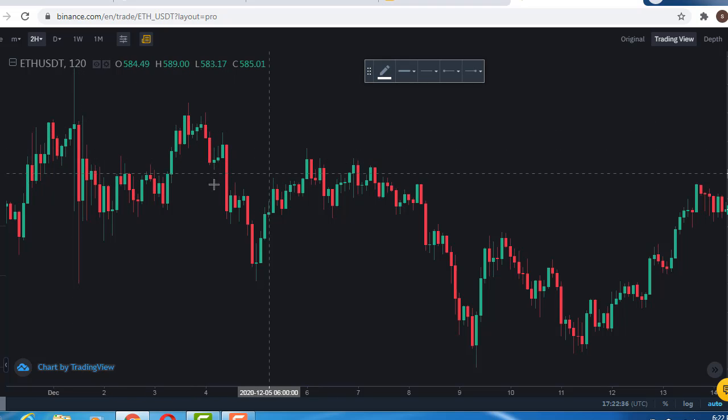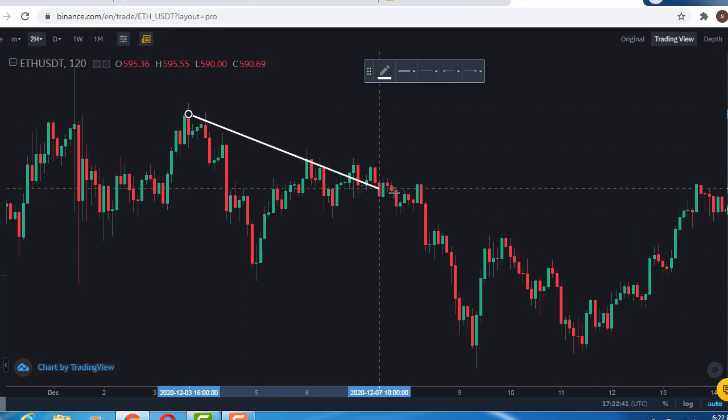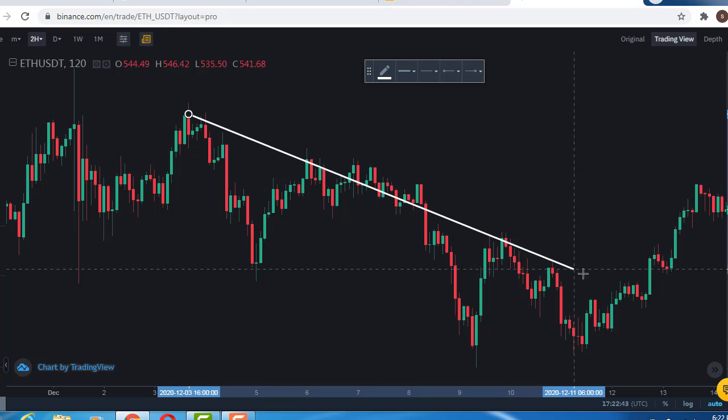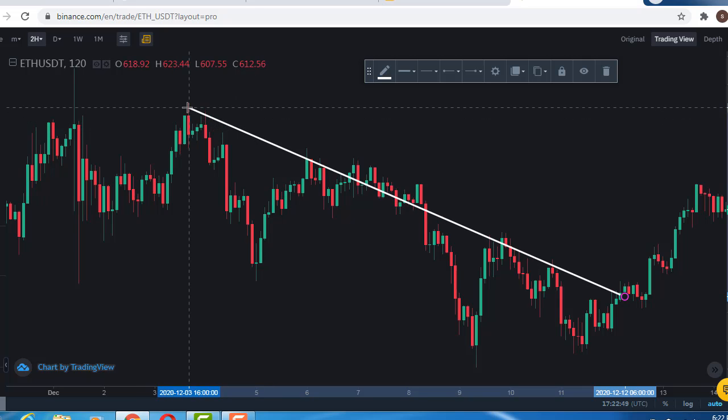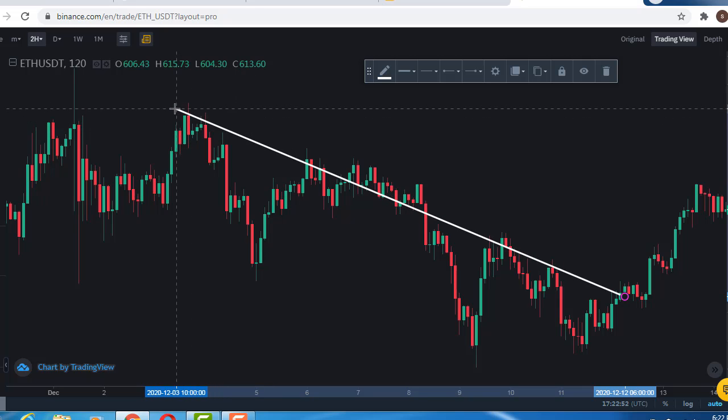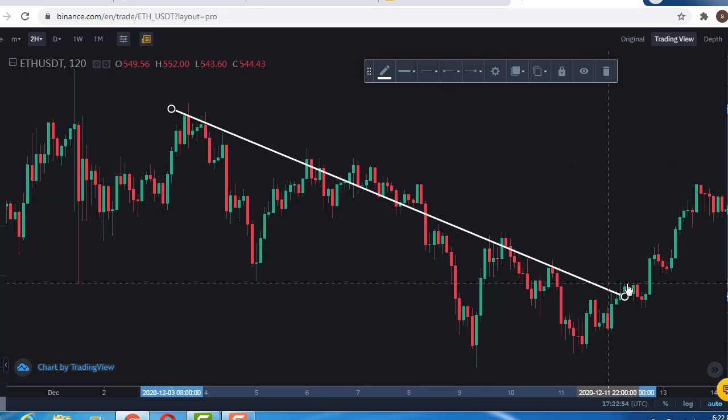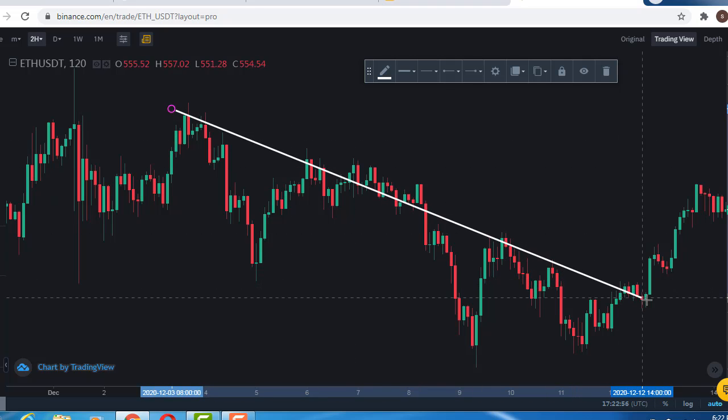Let's say, for example, you are looking at this very chart. The market was going down, so you draw a trend line from here to the downside. Remember, it must have the most touches. So it must touch here. We have another one here.